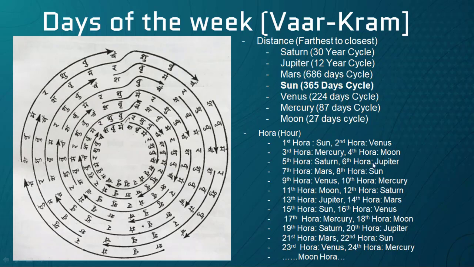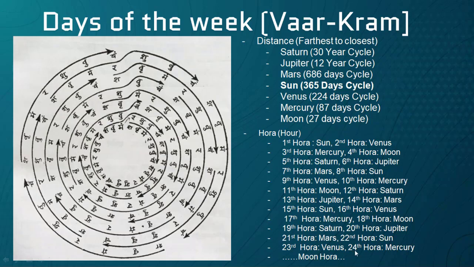In a similar way, if you keep going, every hour, you will notice that after Moon it will be Saturn again. After Moon, Saturn gets the next hour. Similarly, after 24 hours, once the last hora, the Mercury hora, finishes, it again starts with Moon. So this was Sunday, because the sun gets the first hour of the day.